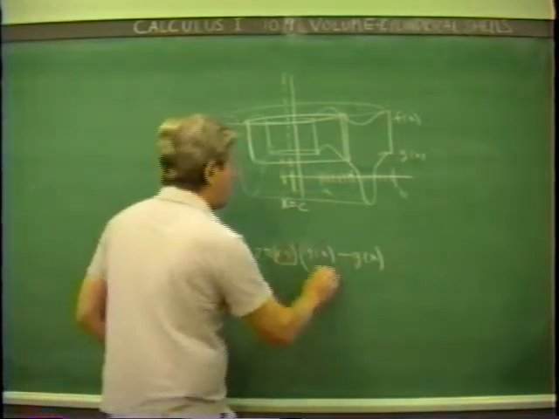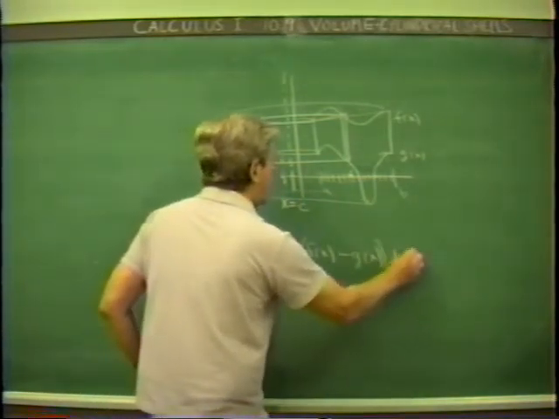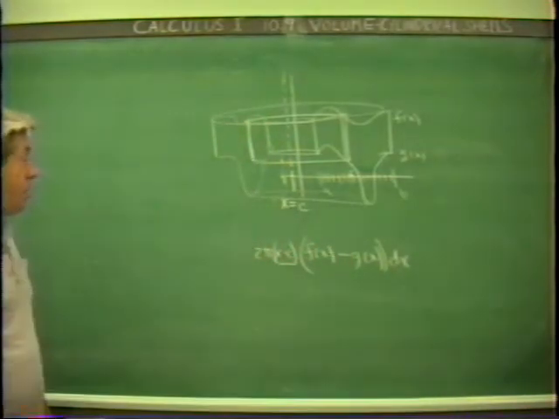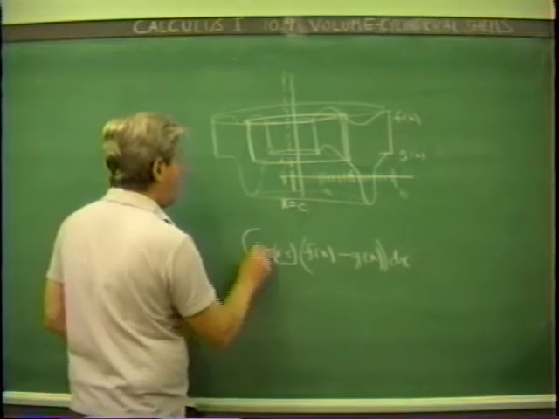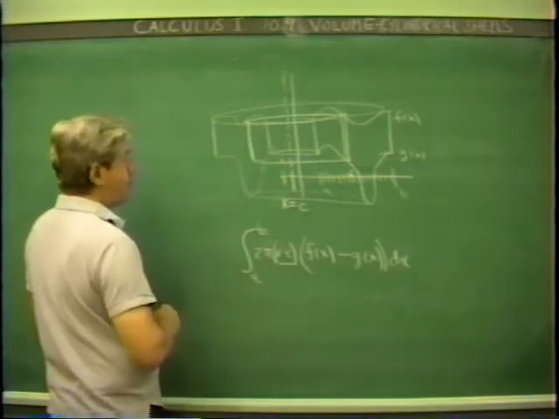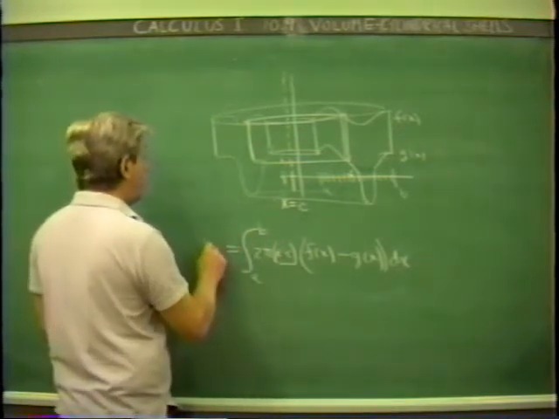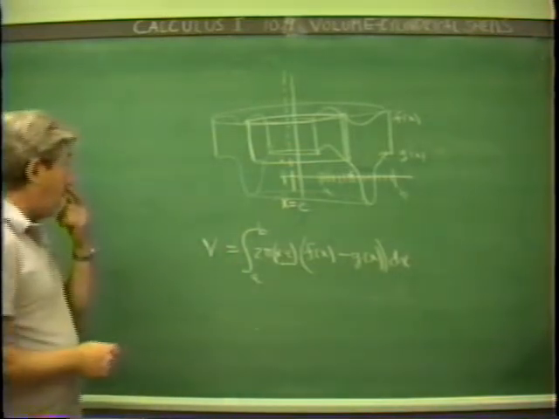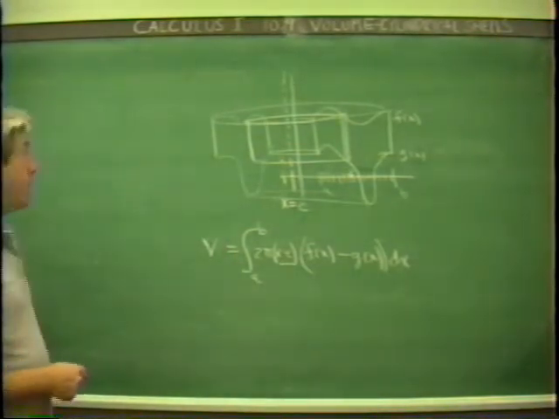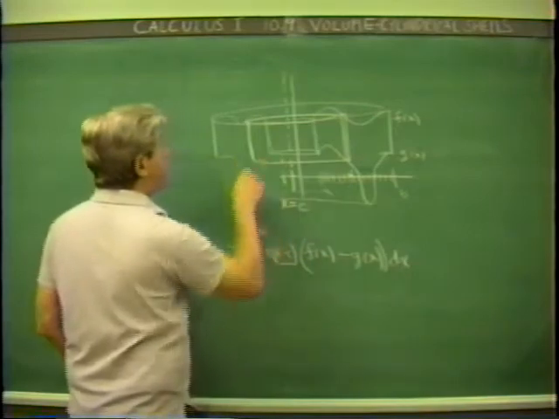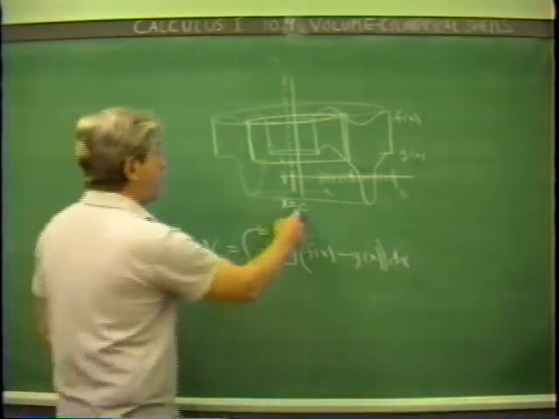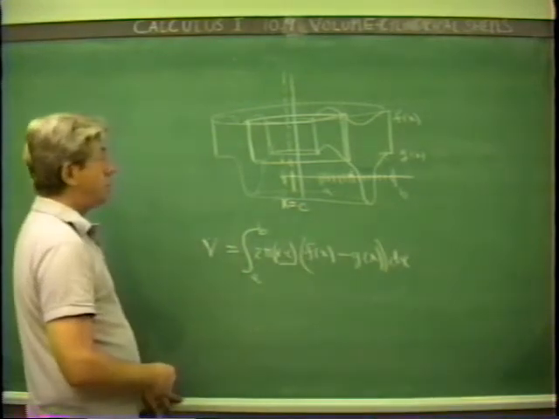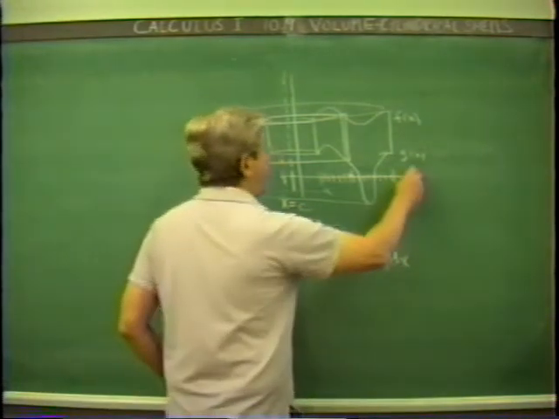X minus c is the radius, 2 pi x minus c is the circumference of the little piece, and delta x, which eventually becomes dx under the integral. All right, so here, if we now integrate this from a to b, this is going to give us the volume of the solid generated by revolving this around the line x equals c, where c is less than a.